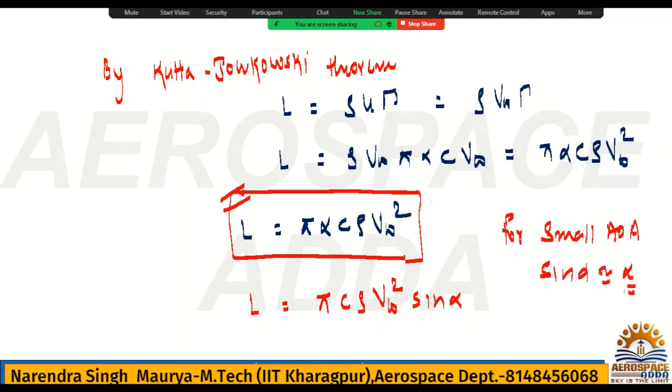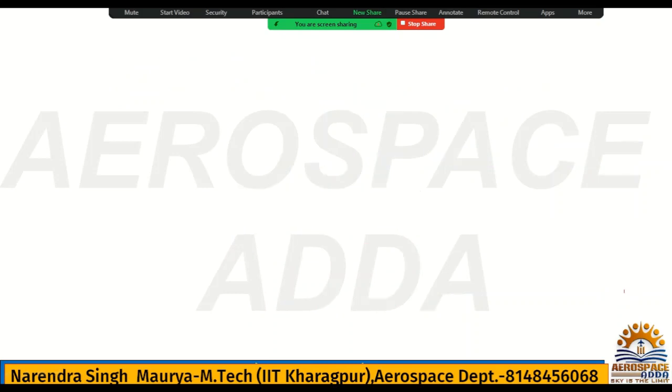So don't wonder how alpha comes directly. It is sine alpha, but for a small angle of attack, sine alpha is approximated to alpha only. Now we will go for the calculation. The third point is the lift coefficient.